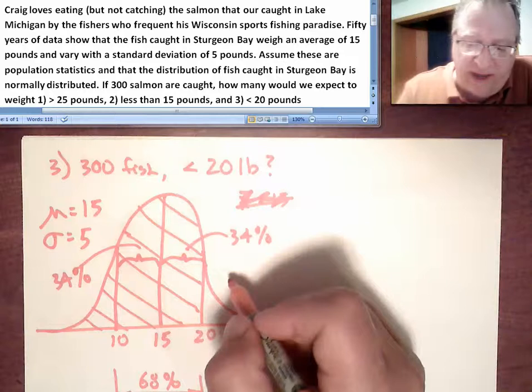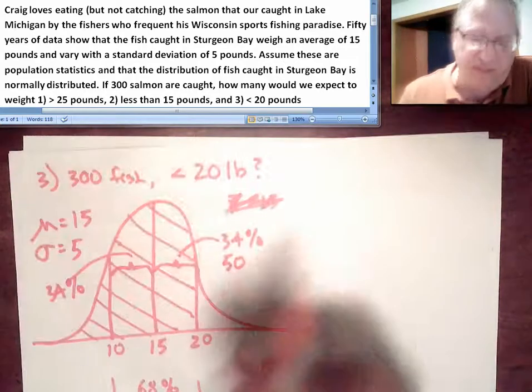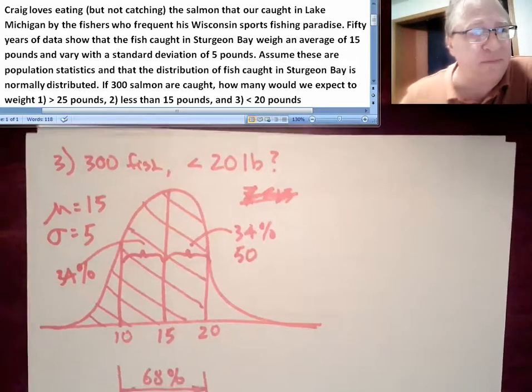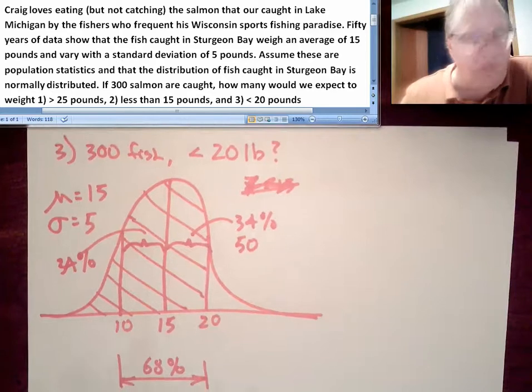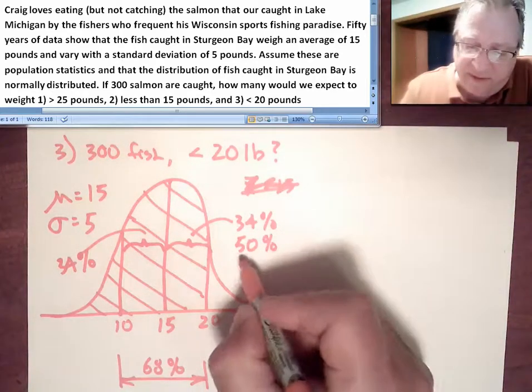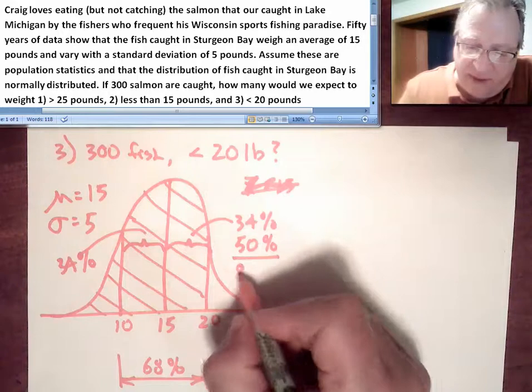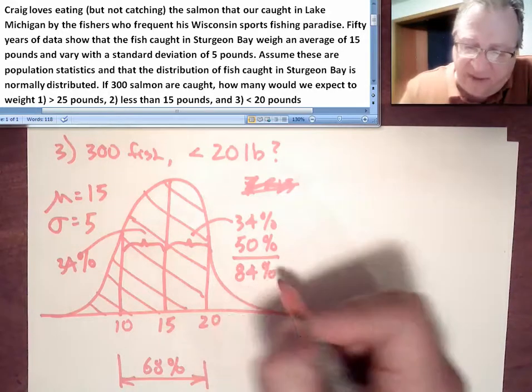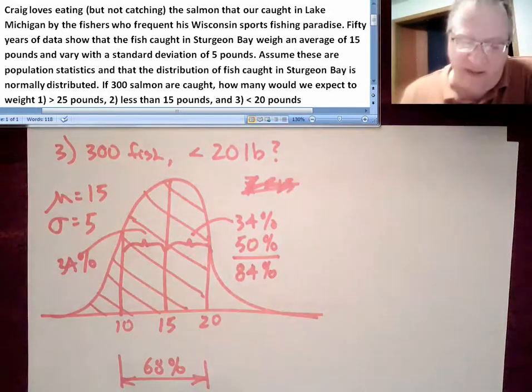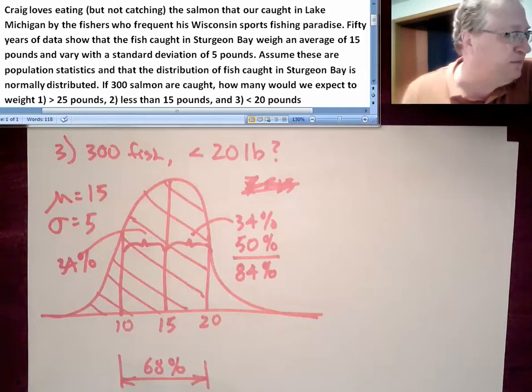So we can add. We have 34% on the right. We add our 50% on the left, and we learn that 84% of the fish are going to weigh less than 20 pounds.